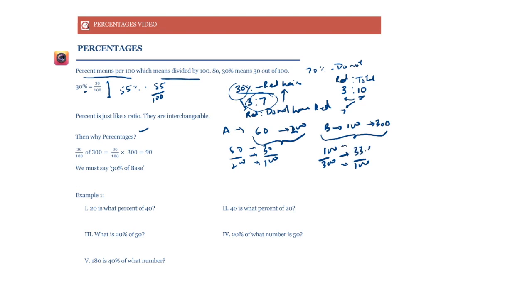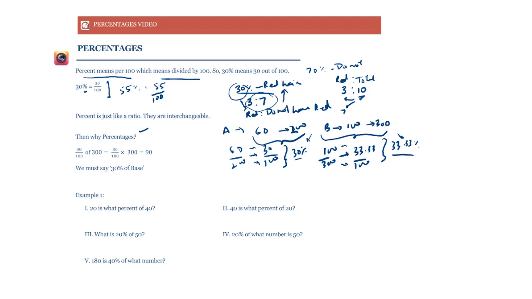So this is 33.33. This means that the percentage of marks of B is 33.33 and the percentage of marks of A is 30. And now it's really easy to compare the two. We can easily see that 33.33 is more than 30.